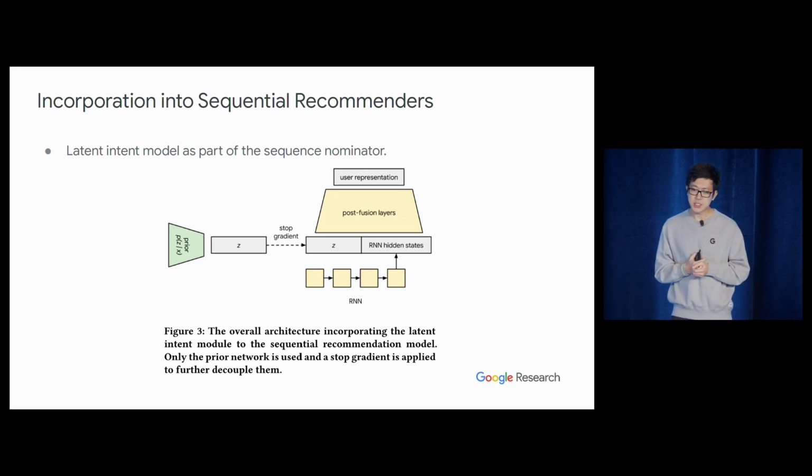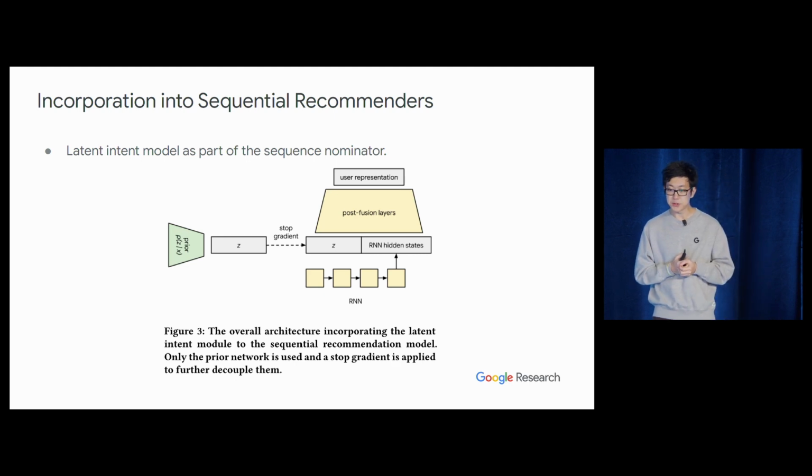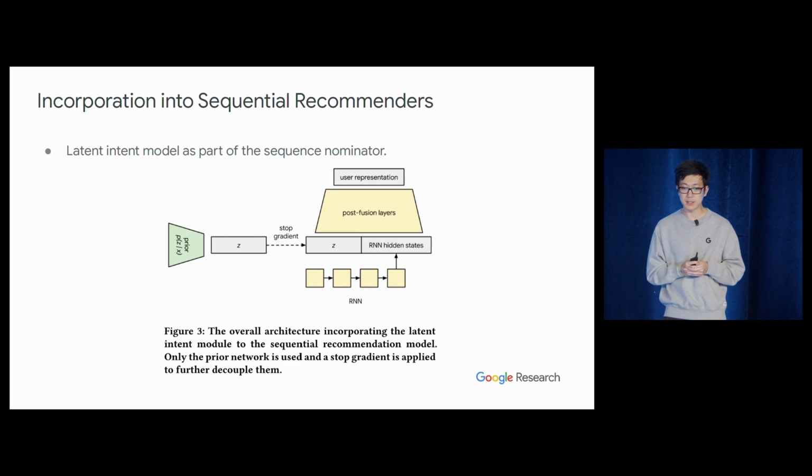Yeah, so as I mentioned, one design principle we have is trying to make this latent intent model as decoupled and as simple as possible so that it won't interfere with the main recommender system. The use case we are applying this latent intent modeling technique to is a sequential recommender system.